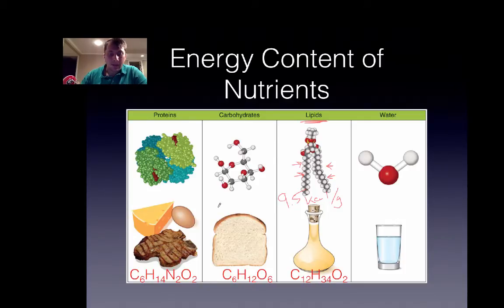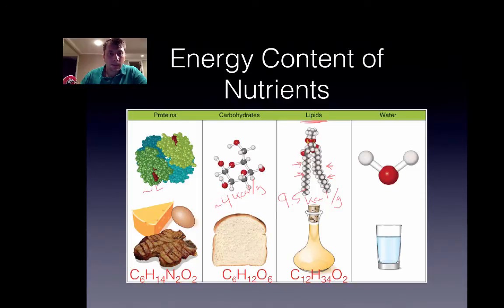The carbohydrates will give you around 4 kilocalories per gram. And proteins are also going to provide energy, although typically you don't want to fill your energy needs using protein due to the expense.